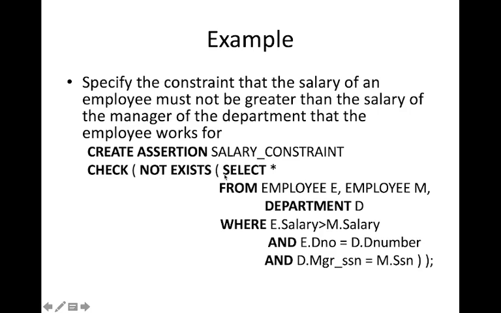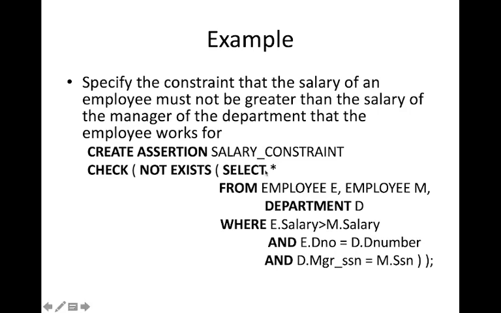This is a general SQL statement: select star from employee E, employee M and department D, where E.salary is greater than M.salary, and E.Dnumber equals D.Dnumber, and D.Manager_SSN equals M.SSN. So if there is a manager in that department, he should have more salary than all his subordinates.